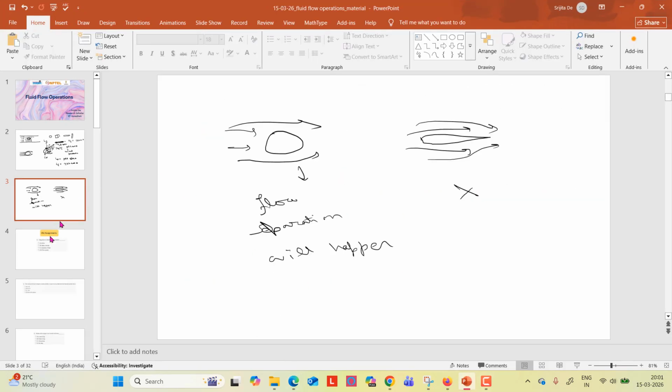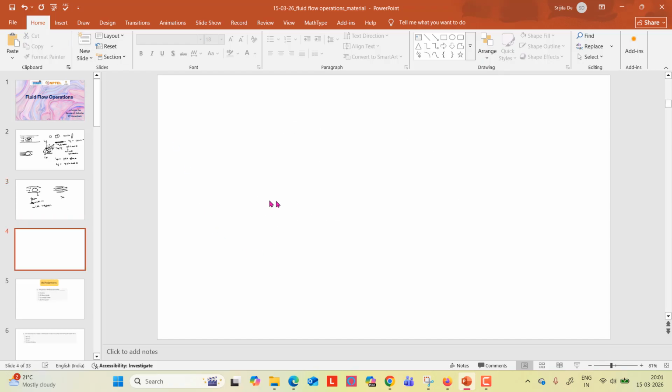Now I will show some derivation of where these expressions are coming from, so I'll go very fast. We have seen the lift pressure. There is a particle and the flow is coming from here.